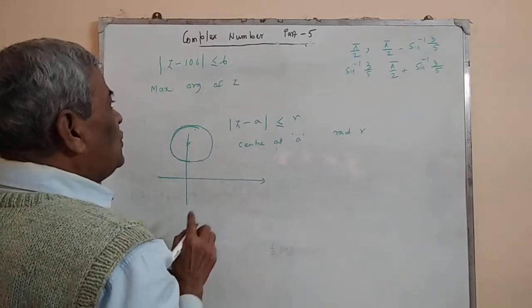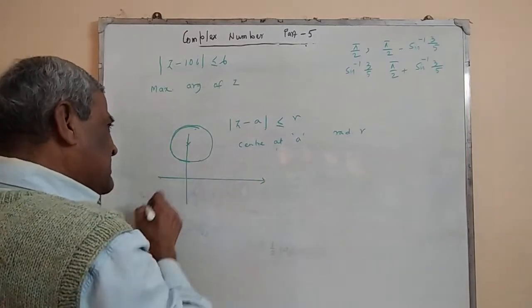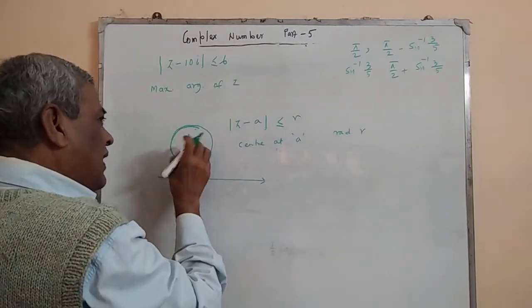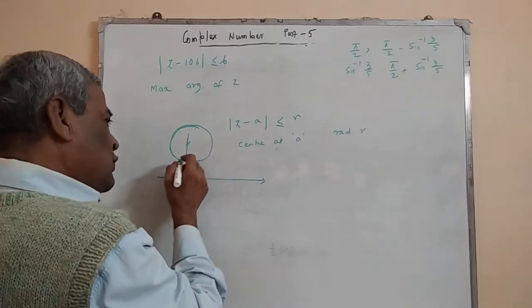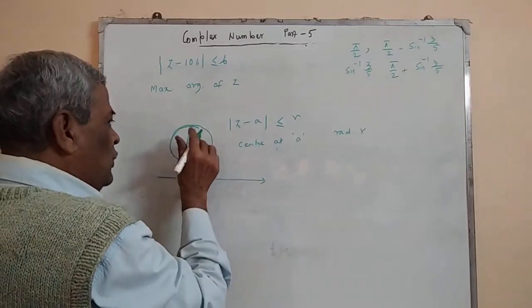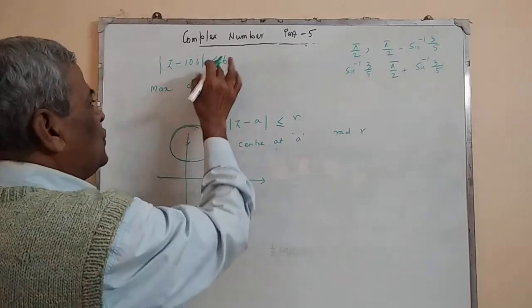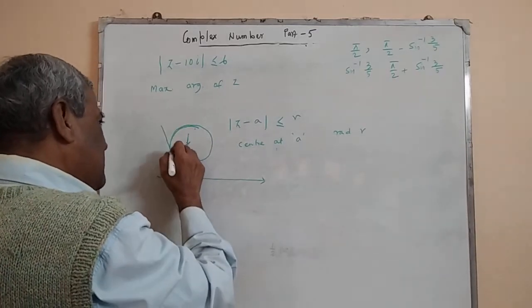Less than or equal to 6 means its radius is 6 and it is within and on the circle. So this is the region. So Z can lie somewhere there or within. Suppose I draw a tangent on that.